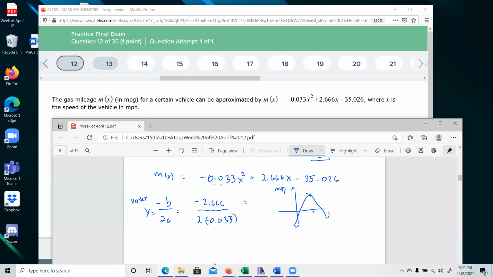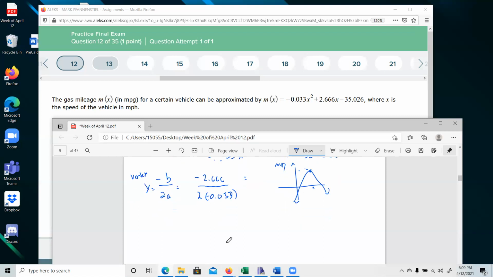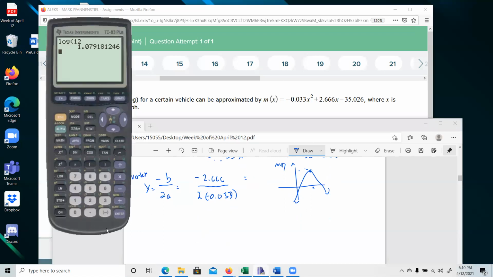Okay. So there we go, right? We have negative, there's our b, negative 2.666 from the negative here. And then a is going to be 2 times this thing right here. Okay, let's go ahead. Check this out. So 2, and the negative over negative, that's going to cancel.